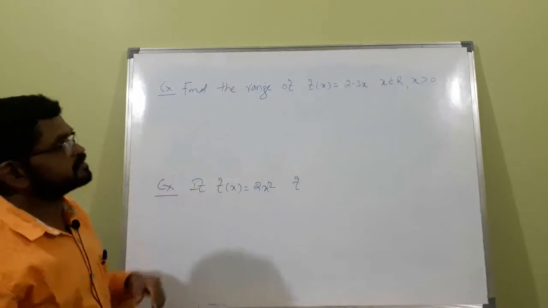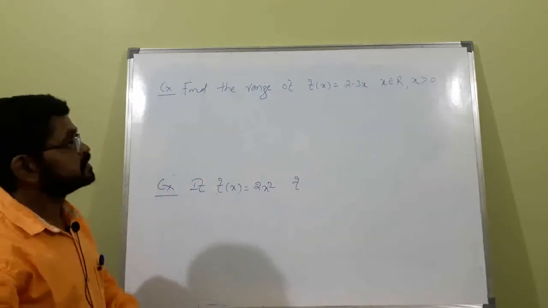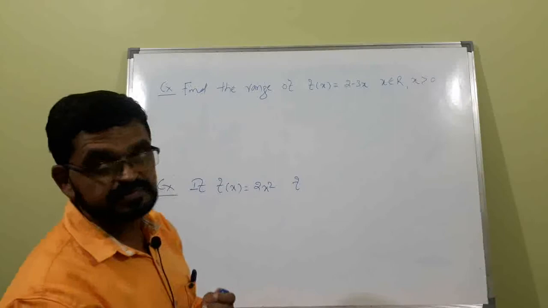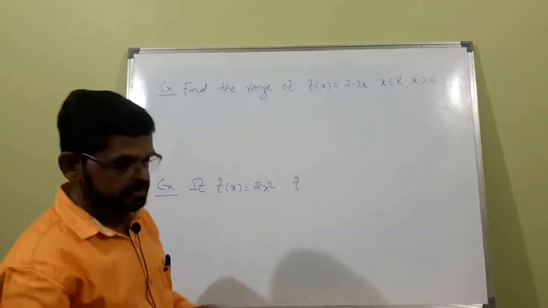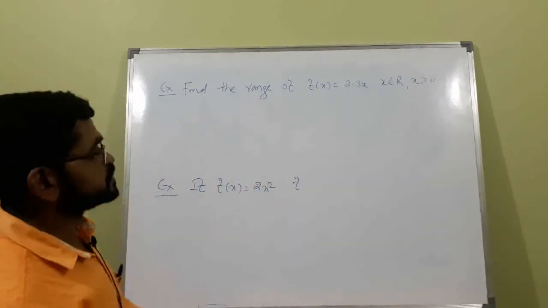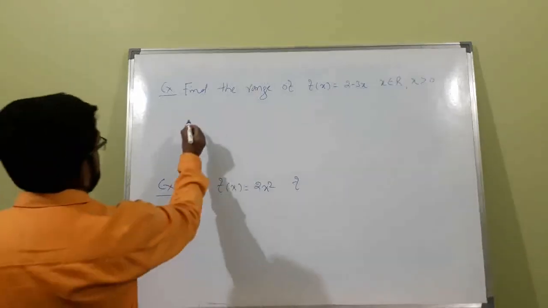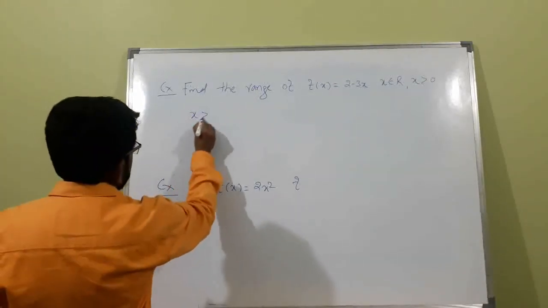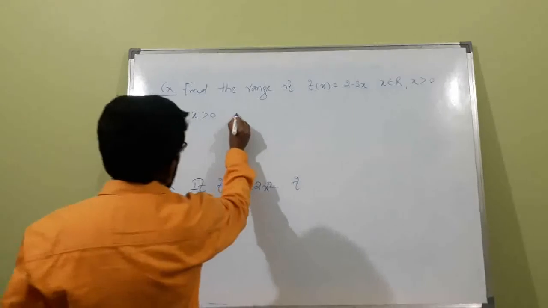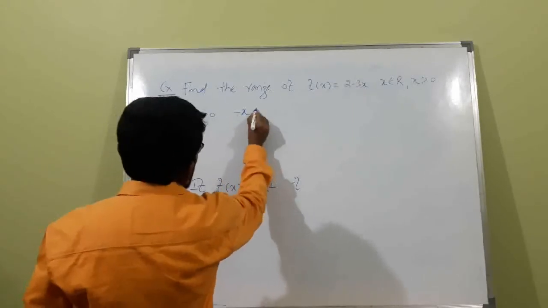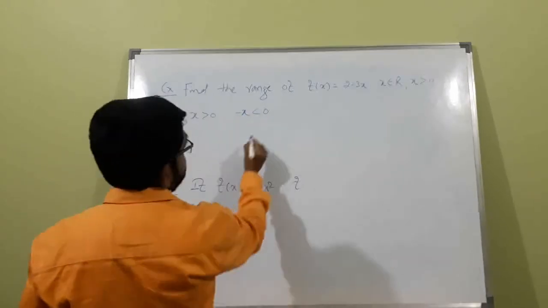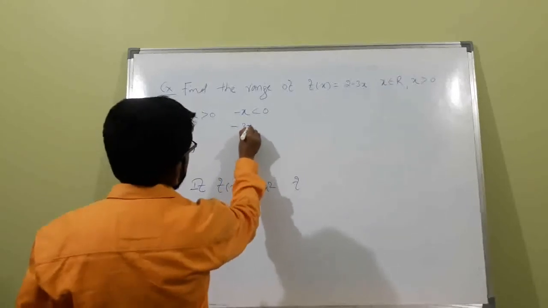Find the range of the function f(x) equals 2 minus 3x, where x is a real number and x is positive. Okay, x is positive means minus x is negative. So minus 3x is also negative.